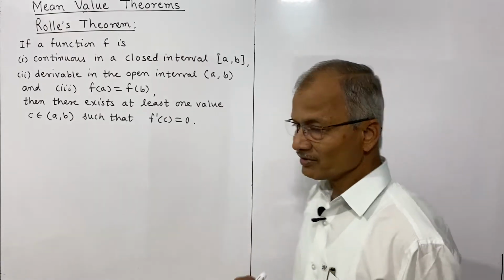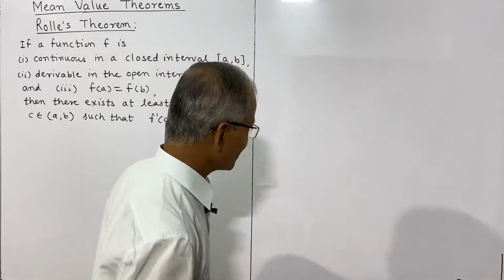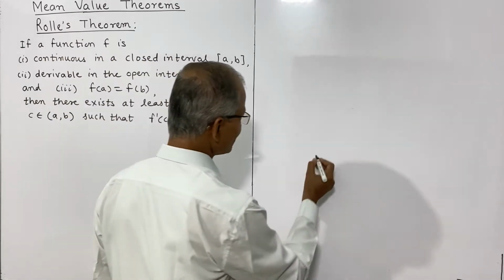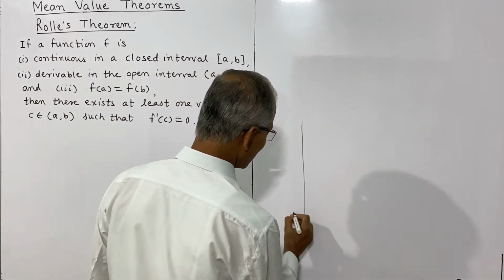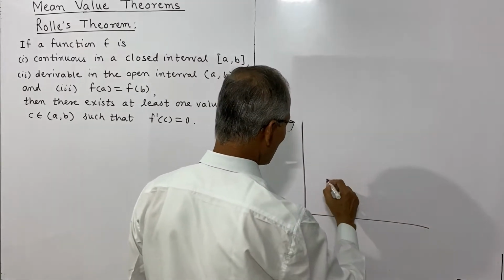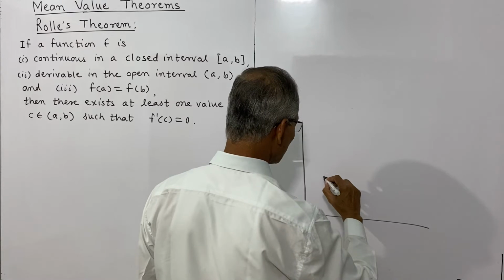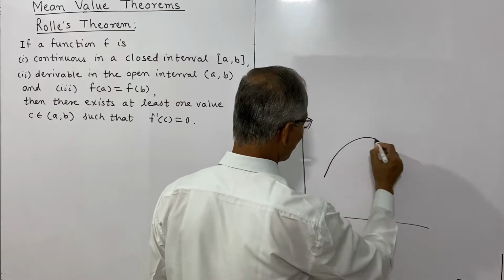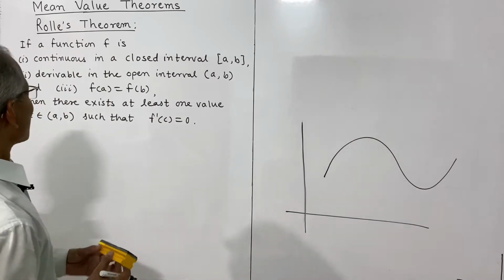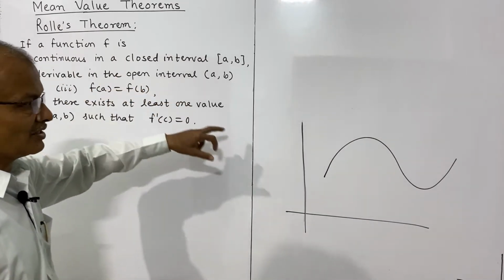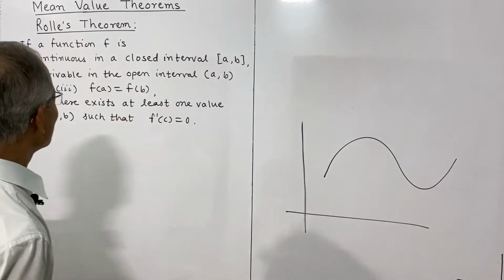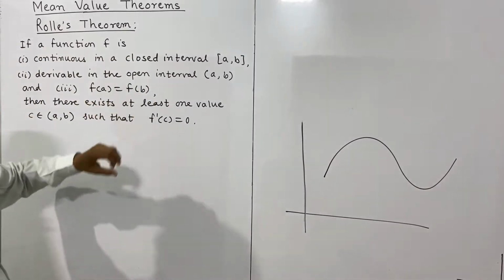Now we will see the geometrical interpretation after the proof of Rolle's theorem, but what it says is that if we consider the function f, it must be continuous, means its graph is without break, and the second condition is it is derivable, means the graph or the curve must be smooth, and then the third is f of a is equal to f of b.